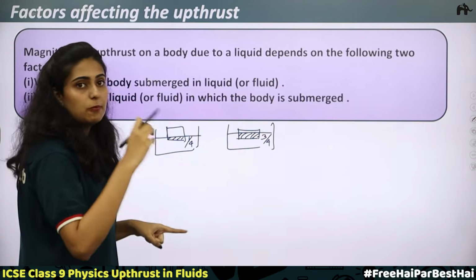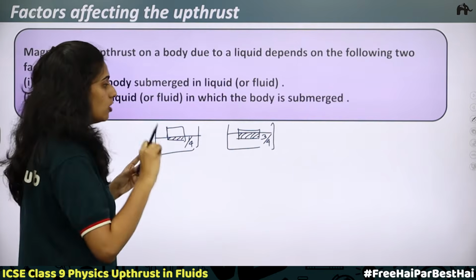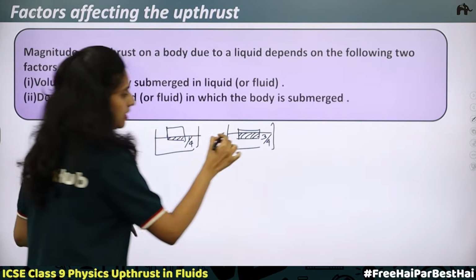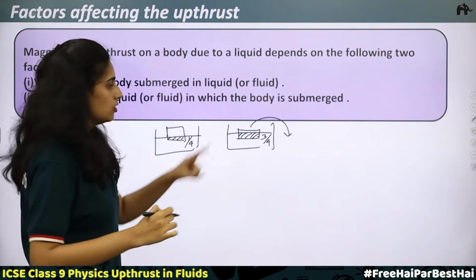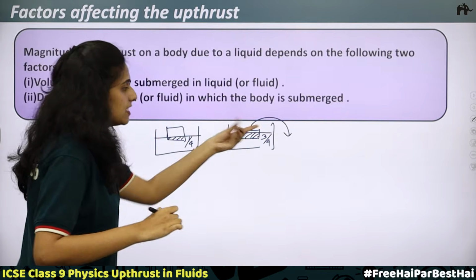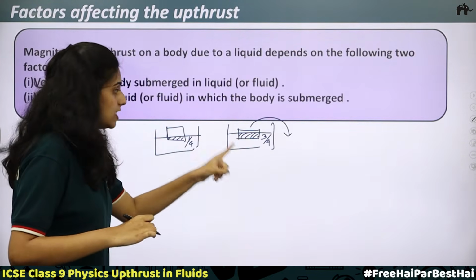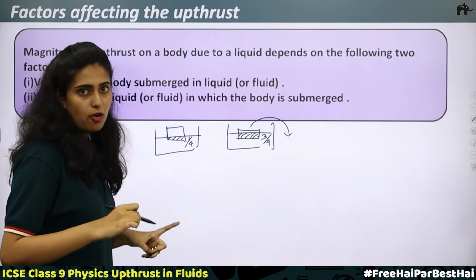In which case will the amount of water displaced be greater? It will also be greater in this case, because this much volume of water should be displaced. So the weight of water displaced is greater in this case, which is equal to the upward force, the upthrust or the buoyant force.